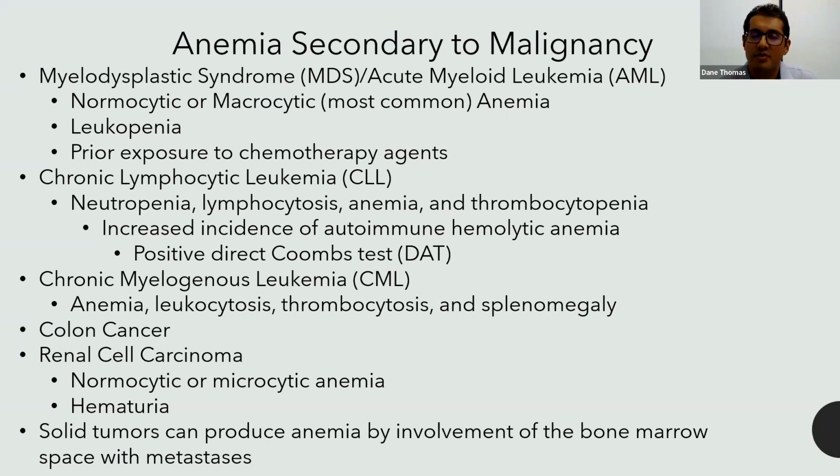Colon cancer, as mentioned before, and renal cell carcinoma can present as normocytic or microcytic anemia and hematuria. Generally speaking, solid tumors can produce anemia by involvement of the bone marrow space with metastases, typically in much more advanced stages of the malignancy.